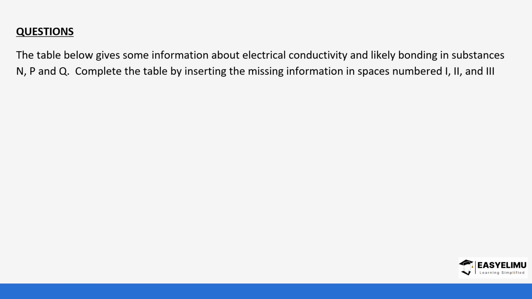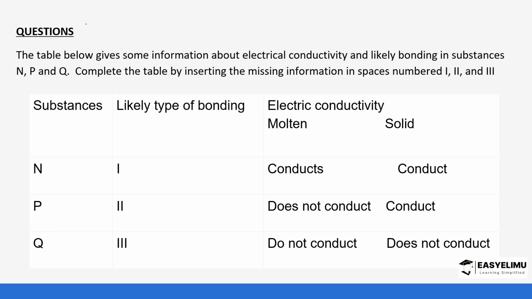The table below gives information about electrical conductivity and likely bonding in substances N, P, and Q. Complete the table by inserting the missing information in spaces numbered 1, 2, and 3. So you have substance N. This substance conducts electricity in molten state, and it also conducts in solid state.